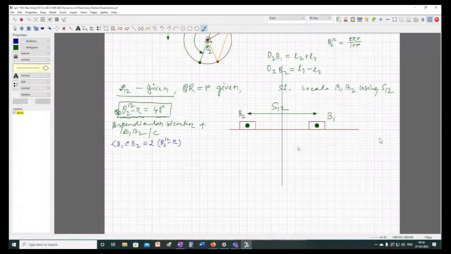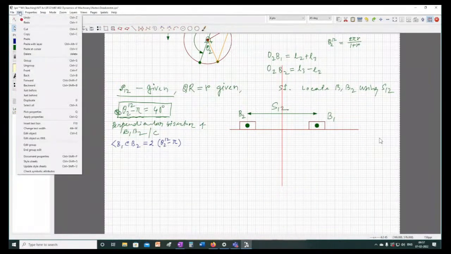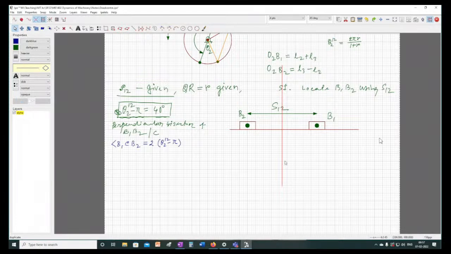To get that, let us take the same line and rotate it by 40 degrees.